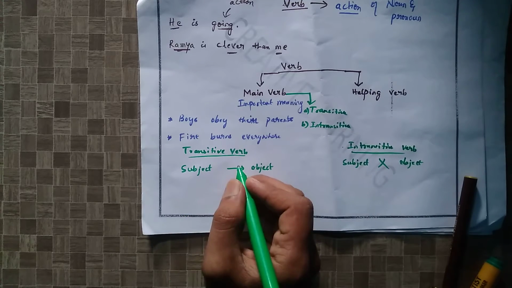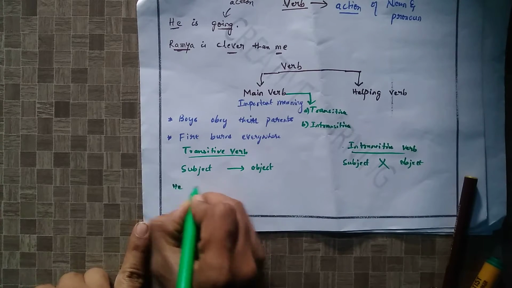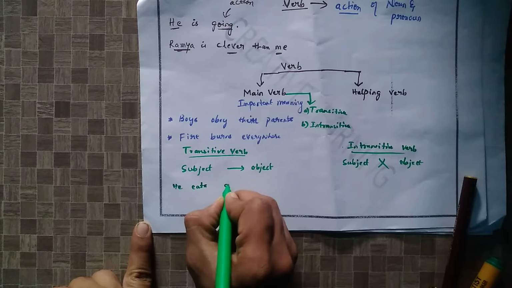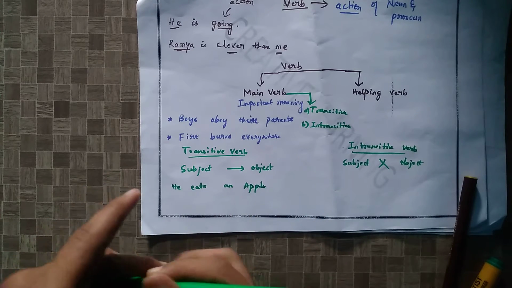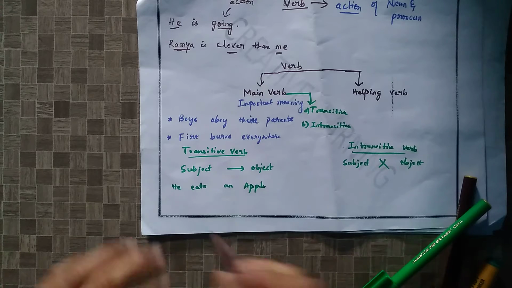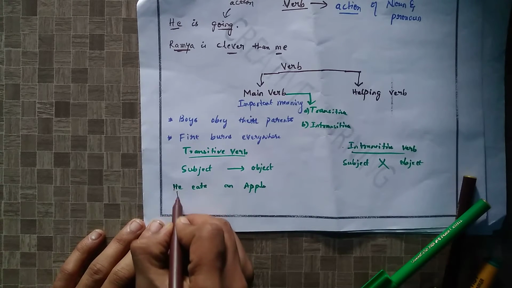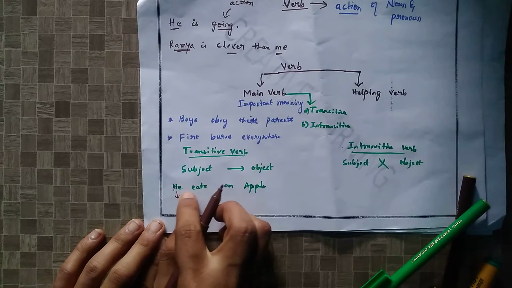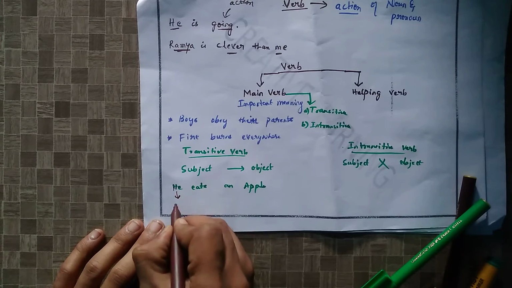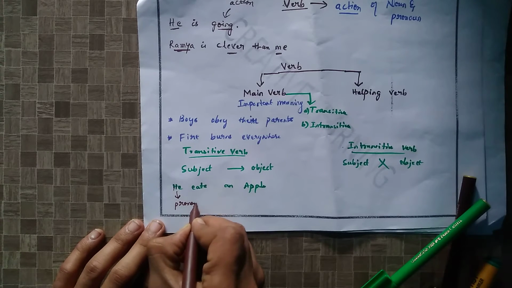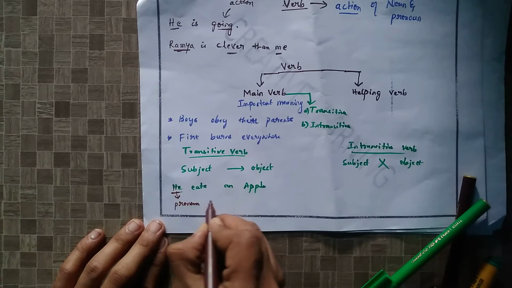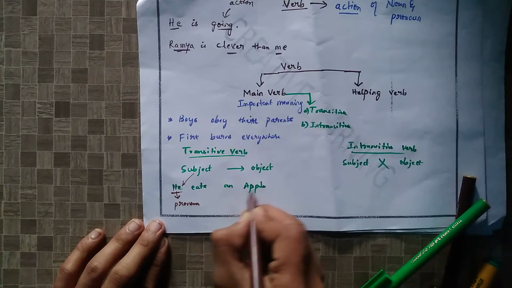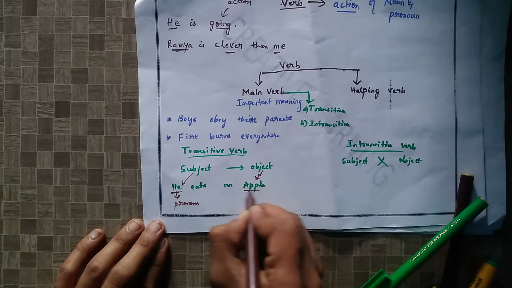For example, he eats an apple. Here he is the pronoun, so it is the subject. He is the subject and apple is the object.